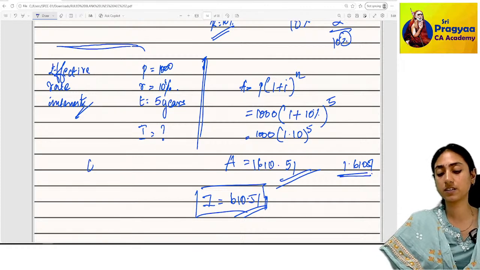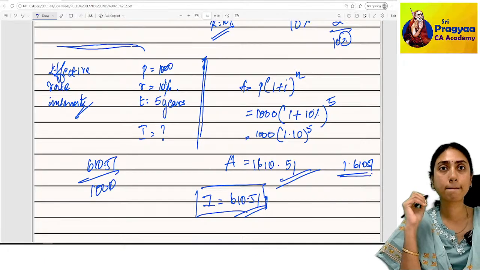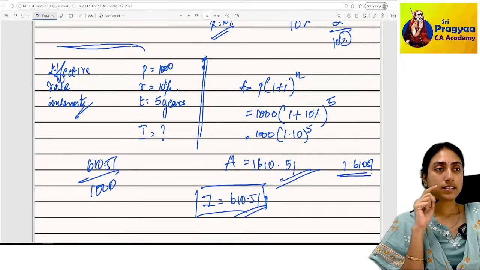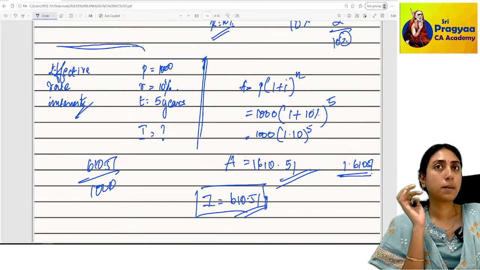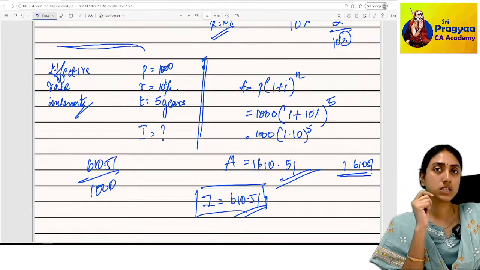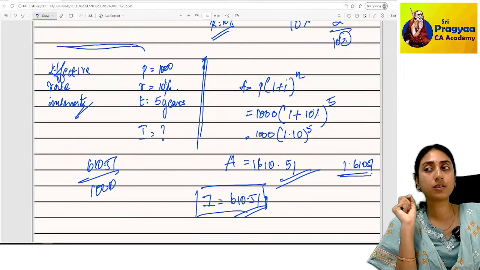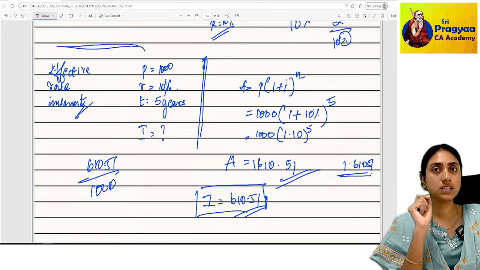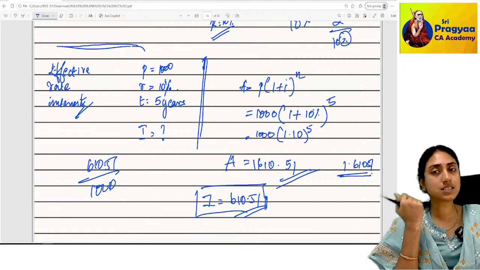So my effective rate of interest will be 610.51 divided by 1000. I have earned interest income of 610.51 rupees by investing 1000 for 5 years at an annualized interest rate of 10%. Does that mean I have earned 600 rupees?